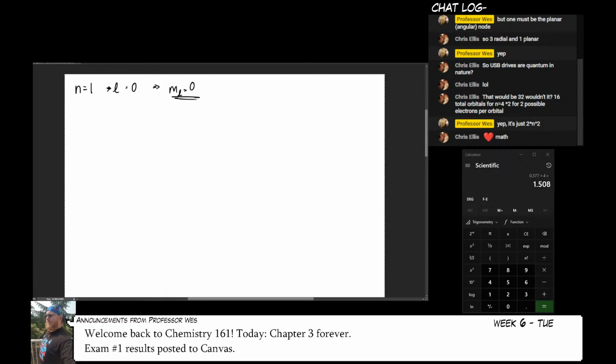And when we get over to M sub L, that's going to represent an orbital. And we're going to label our orbital. We're going to draw orbitals as boxes. So we're going to do this for every possible combination of N, L, and M sub L up to 3. We're going to do N equals 3. This is going to be the last one we do.